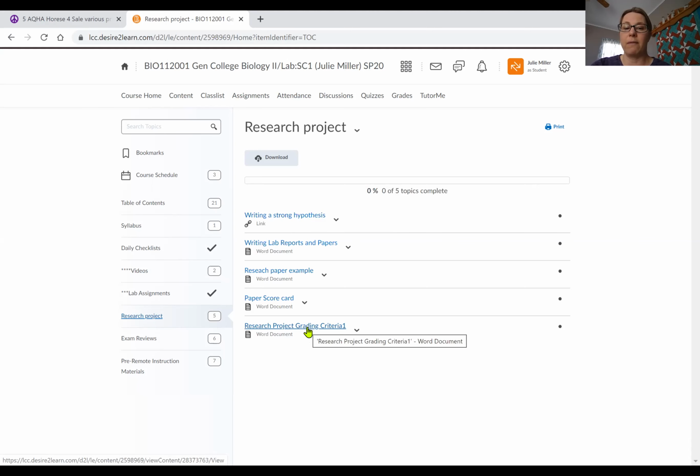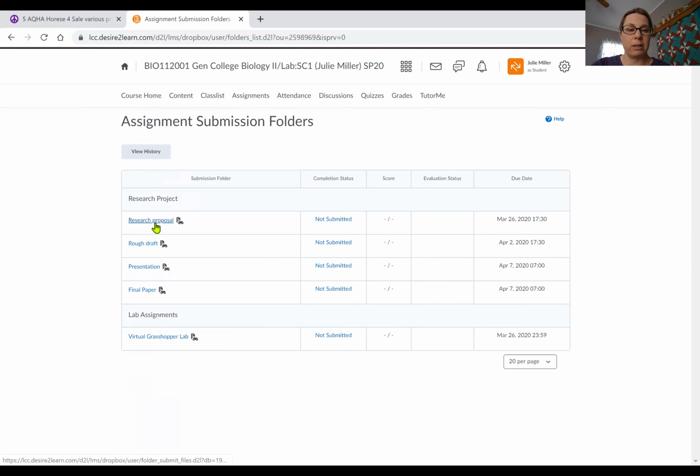Your proposal is gonna have a really good hypothesis written, and this link will tell you what that is. And then also you're going to have your materials and methods and all of that spelled out. Okay, so make sure that you're reading through this and you have a really good proposal, and then you can upload your research proposal here in assignments right there.